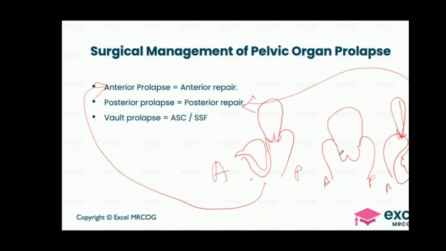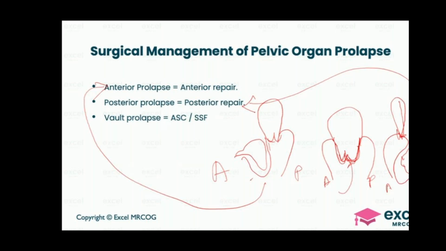If this is descending, I mean the apical prolapse, this is the apical, then the surgeries that we mentioned earlier: hysteropexy and vaginal hysterectomy with sacrospinous fixation, Manchester repair, and sacrohysteropexy. Okay, all those things are done if you want to preserve the uterus.